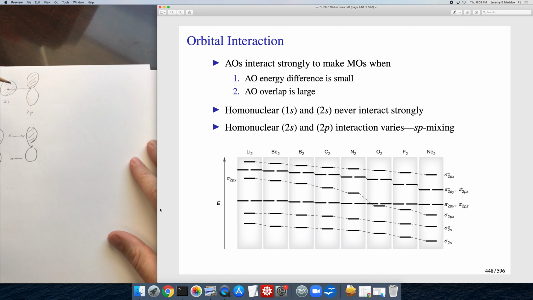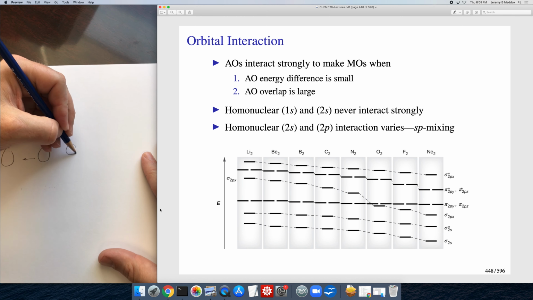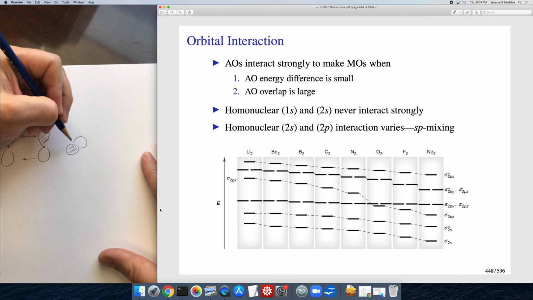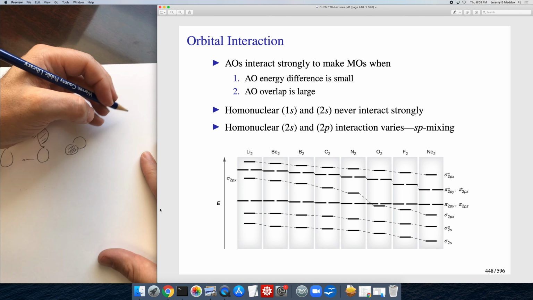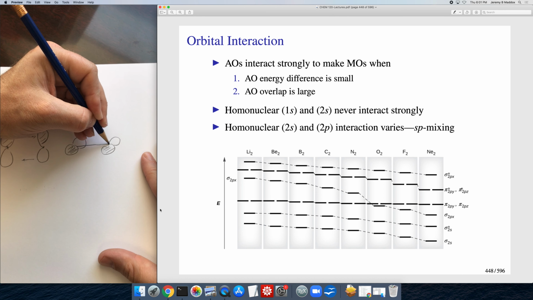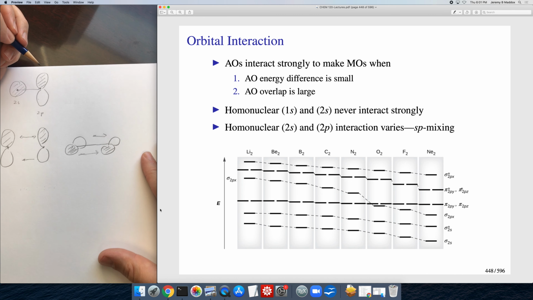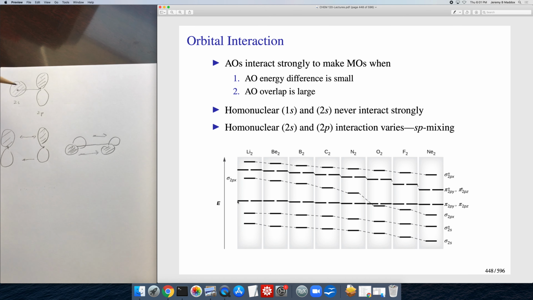And then another way to draw it would be a distinct pi orbital overlap like this, where the p orbital is coming out of the plane of the page, and so you've got good overlap here and here. Those are the two types of bonding orbitals that we're looking at here, this one and then the other one. You see that those don't change that much as you go across the periodic table.